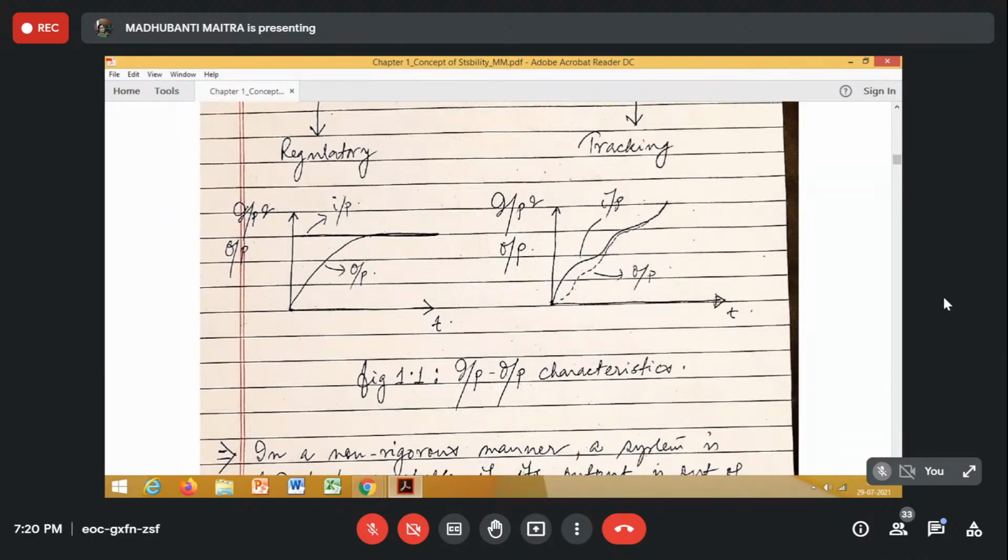That means some sort of undamped kind of oscillation. And still, if he or she wants to lift the load, in the process he or she might collapse, right?